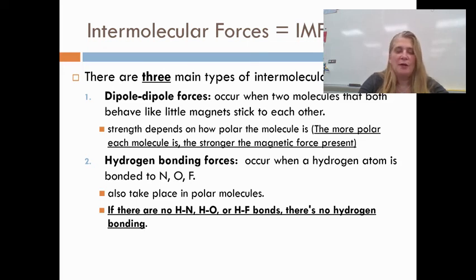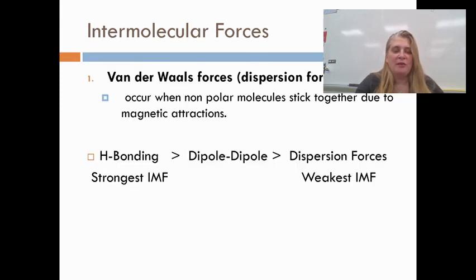If there's no HN, HO, or HF bonds, there's no hydrogen bonding. And remember, our weakest one is the London dispersion forces. So you've kind of got 3 there that you need to keep track of and determine what is in play.